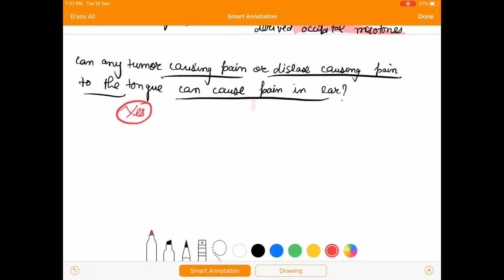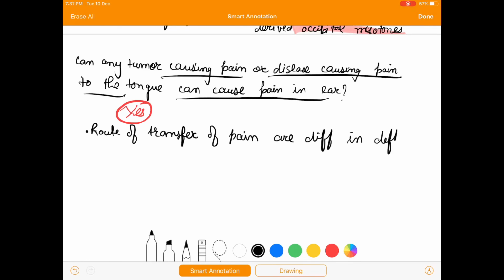But the route of transfer of pain is different in different parts. Right. Now let us see the posterior 1/3.